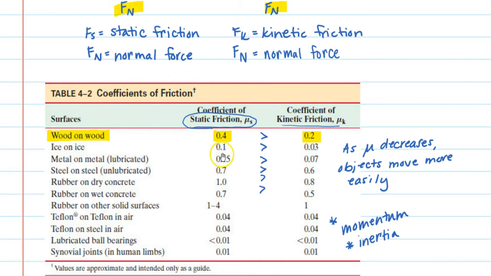And you'll notice that the coefficient of friction for ice is considerably smaller than the coefficient of friction for wood objects. Teflon is a non-stick coating on pans. So we would expect there to be not very much friction for things interacting with Teflon, and we see that the coefficients of friction are pretty small.